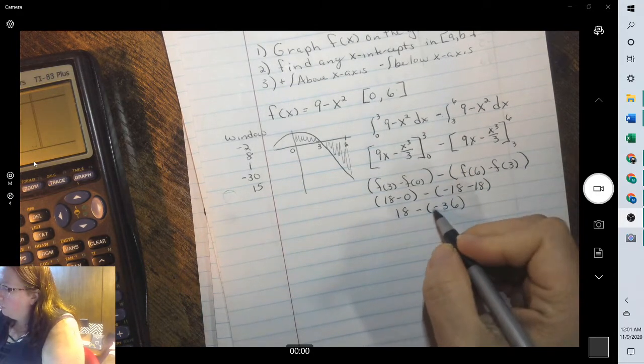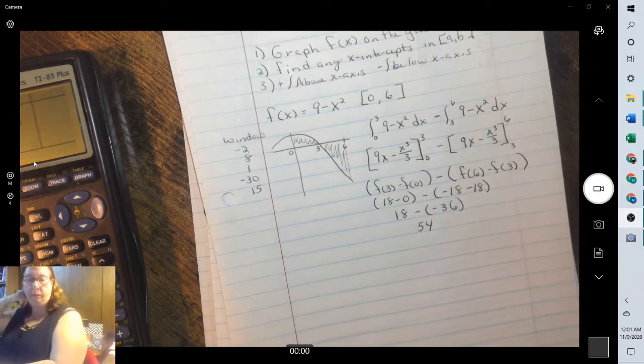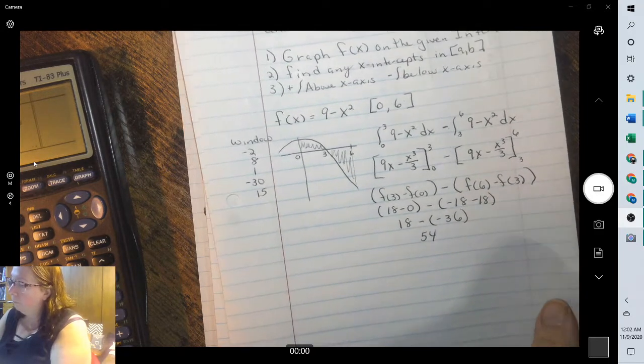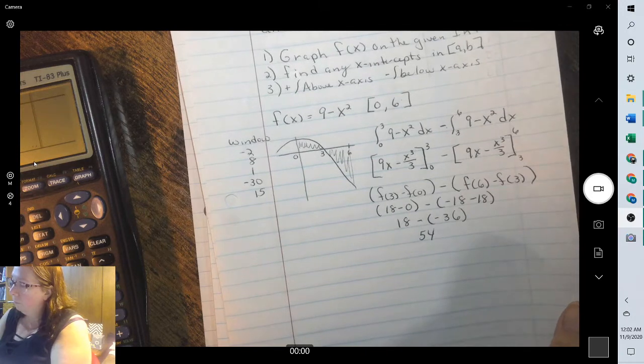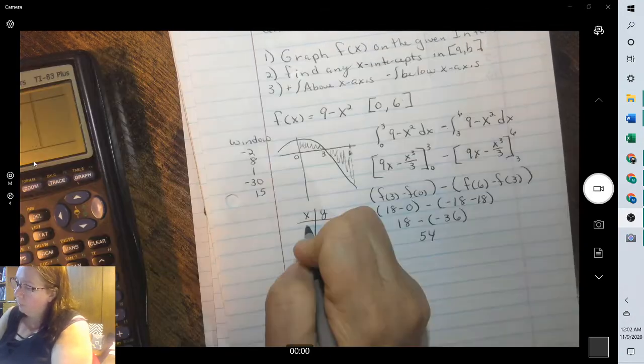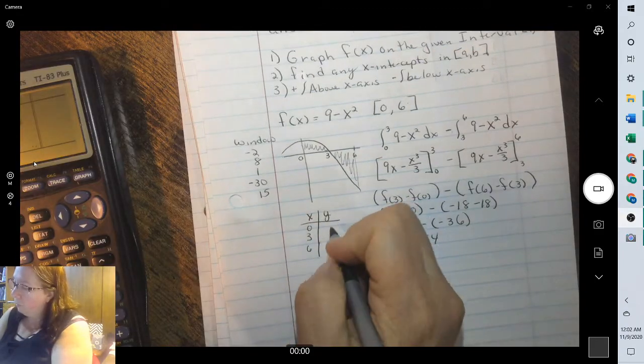Negative and negative is a positive, so it's 54. So the area under this curve is 54 units. And we just used our table. You could always write the table so then you remember where you got it from.